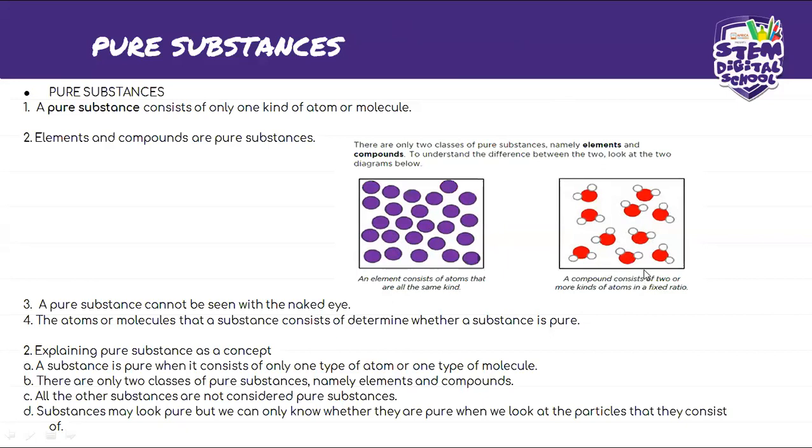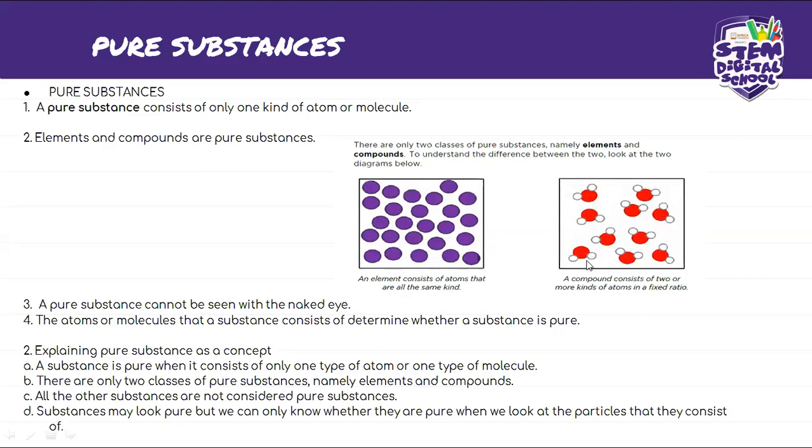So we have got a compound consisting of two or more kinds of atoms in a fixed ratio. The elements are just the same, purple. The compounds are also the same. It consists of two or more. Since we don't have other compounds or elements or substances mixed up with these, then it's a pure compound.